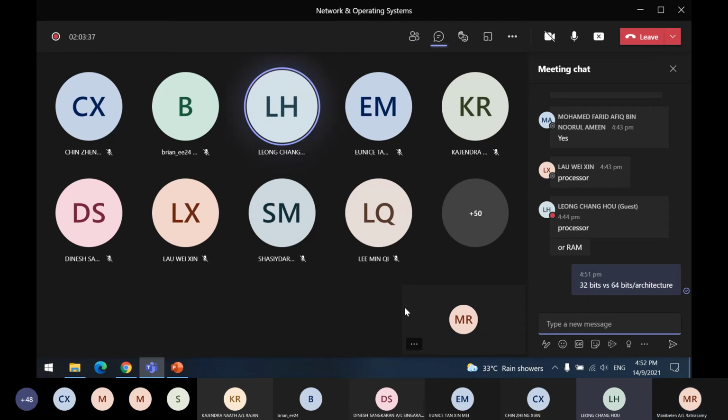Memory, something like that. So the 32 bits and the 64 bits, when you buy a laptop or software nowadays, is all supported by software. You are referring to memory, not processor.